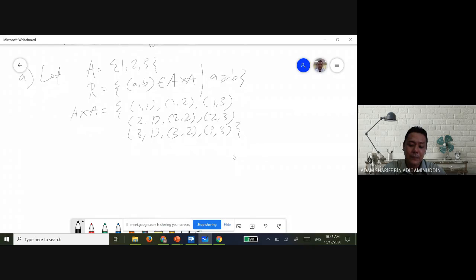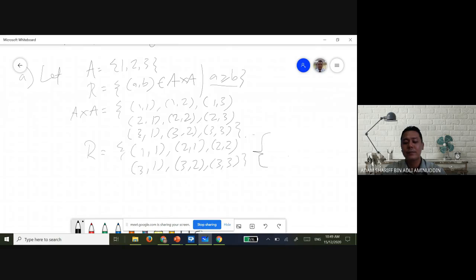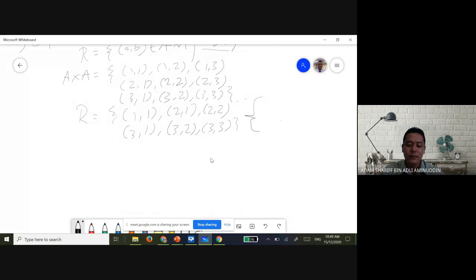Okay, yang manakah dalam relation ini? Yang mana A larger than or equal to B. So saya tulislah 1, 1. 1, 2 tak ada. 1, 3 tak ada. 2, 1, 2, 2. Okay, yang ada 3, 1, 3, 2, 3, 3. Okay, this one. So, is it symmetric?